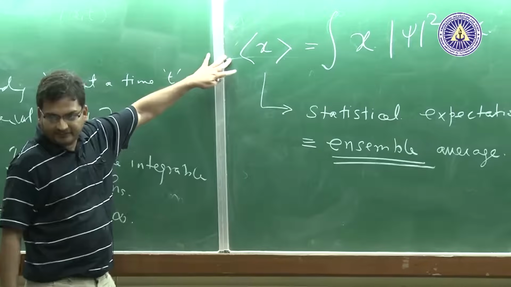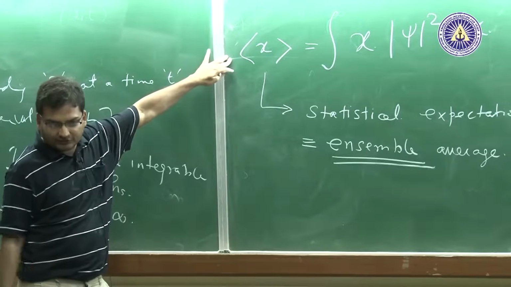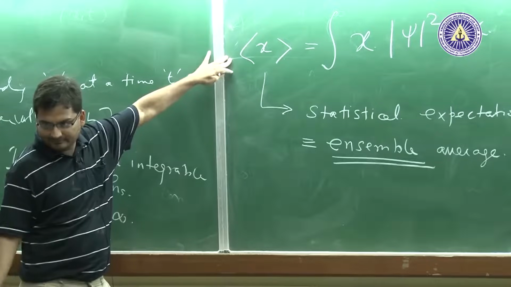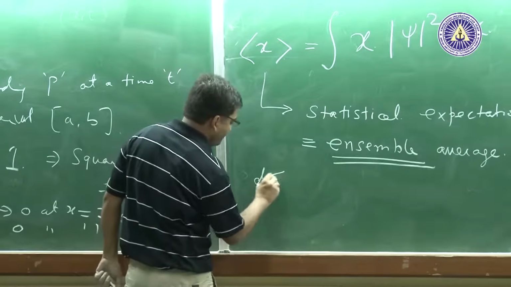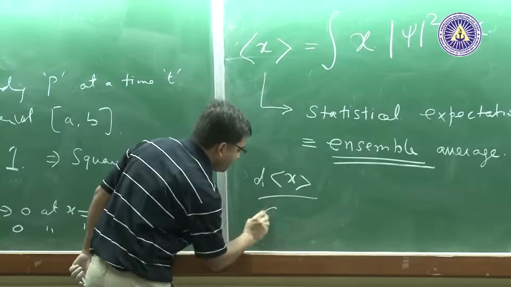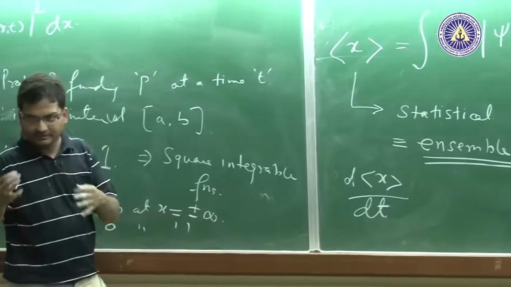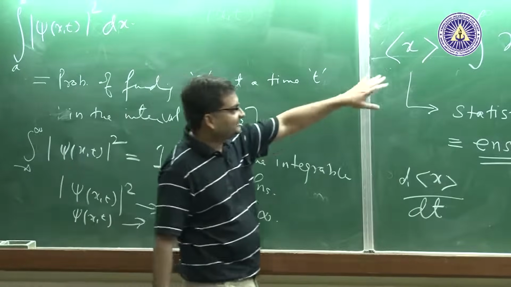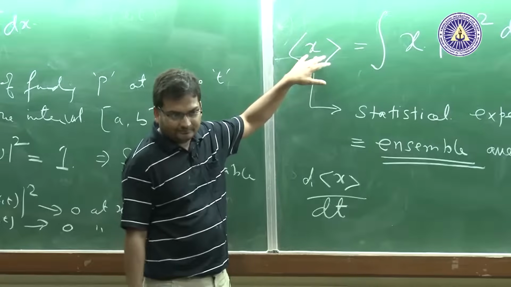Now with this x, I will also have a classical mechanics concept of velocity or momentum. So can I define something like d by dt of the average x, which would have some semblance to classical velocity? This average x is like the classical position of the particle.